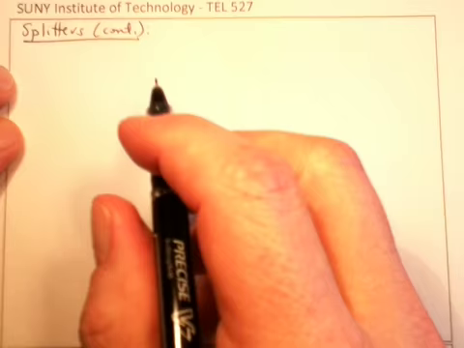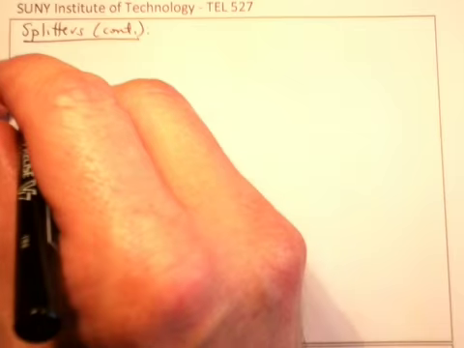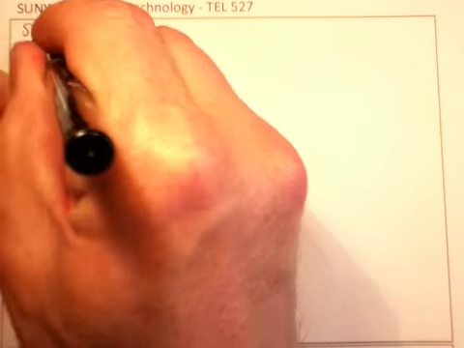First thing I want to do is talk about, probably for the third video where I mention this, but here I'll try to do it a little bit more completely, mode confinement.